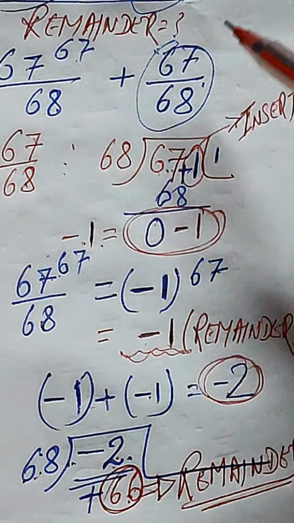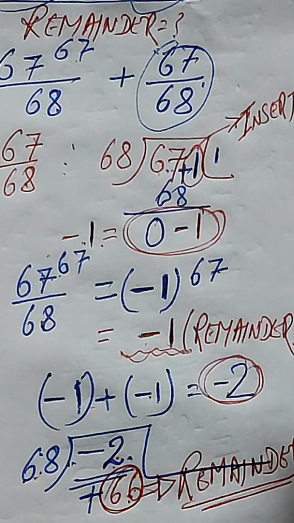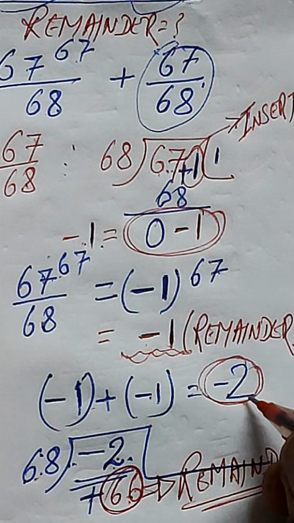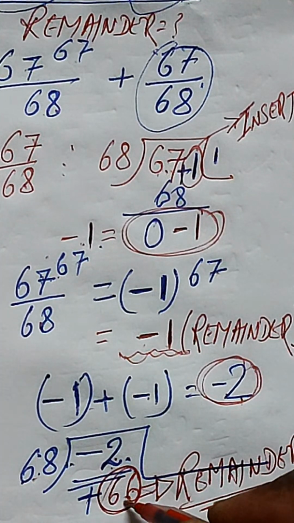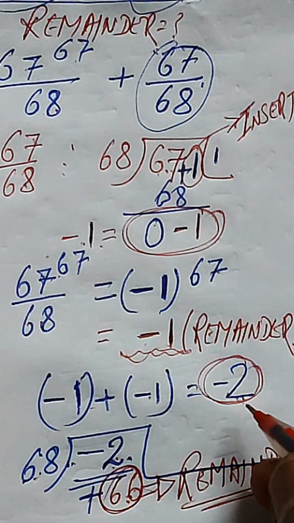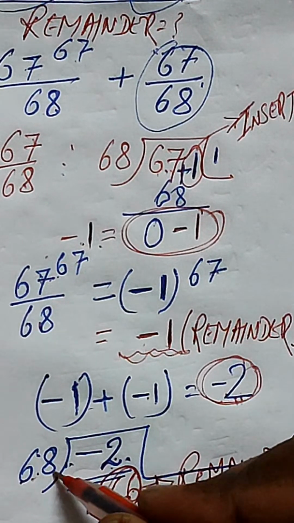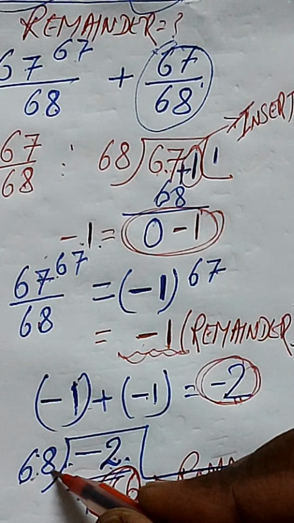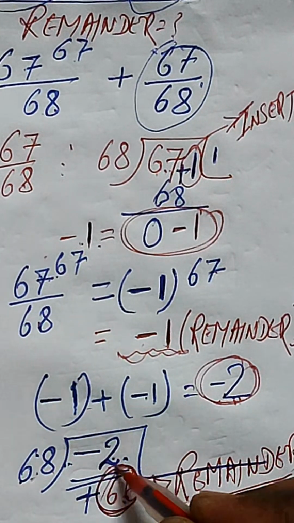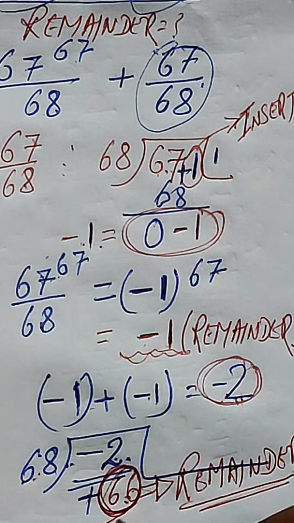That means when you are dividing by 68, it will not be divisible. So it will be divisible only when 66 is added, because this minus 2 is the leftover remainder. So 66 needs to be added, then only it will be completely divided by 68. So whatever is added, that will be left over into the denominator, and that's our remainder, right?